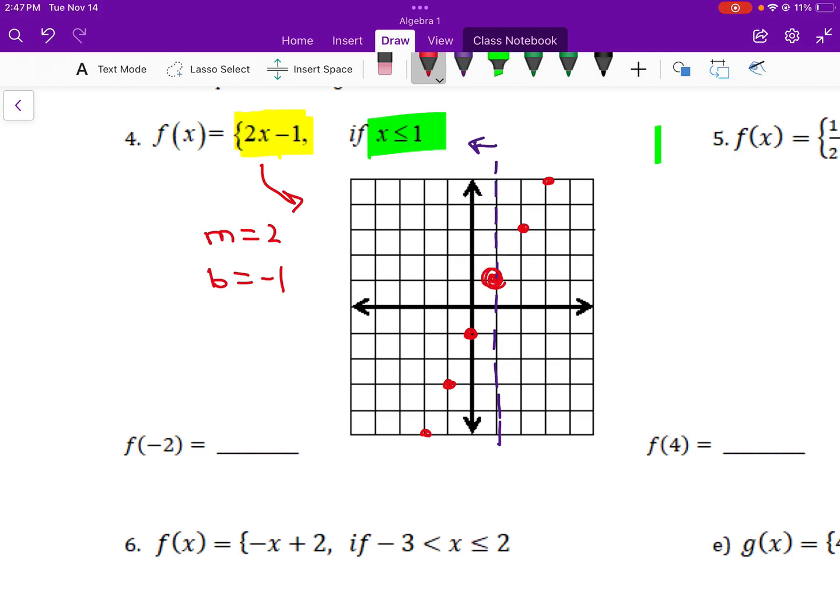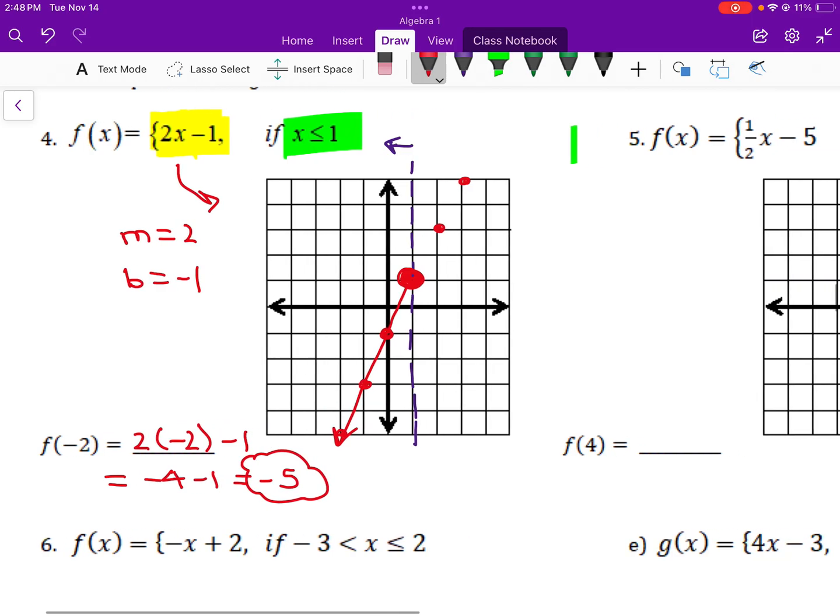So I'm going to have a closed circle going to the left. F at -2 is just an evaluation. This is 2 times -2 minus 1, -4 minus 1 is -5. And then we can throw out the excess.